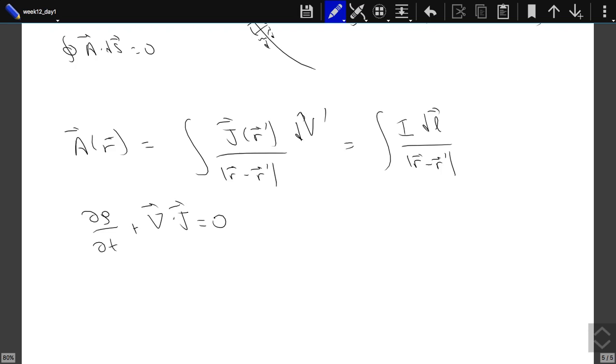Now, in statics, nothing changes in time, so the time derivative of the charge density should be 0. So the divergence of J is equal to 0. This tells me that the derivative of J_i, summed over components, is equal to 0.